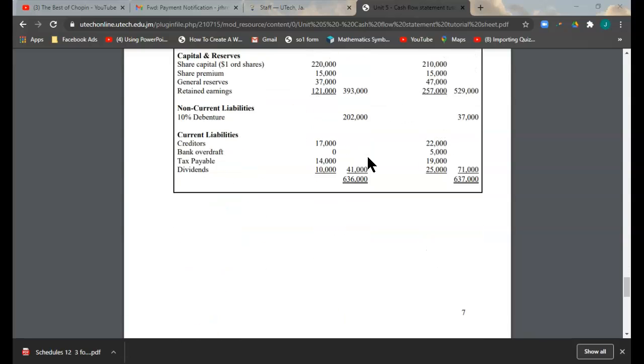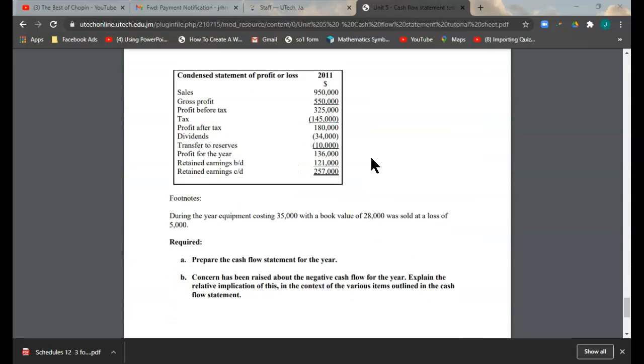The third document you will need is their statement of profit or loss. So in this question, note that it is not a full statement of profit or loss because you don't see any cost of sales, but you see the gross profit. You do not see other operating income. You do not see administrative expenses.